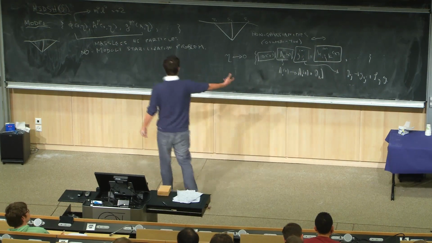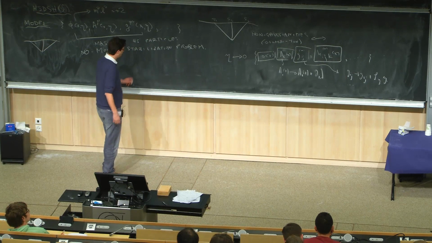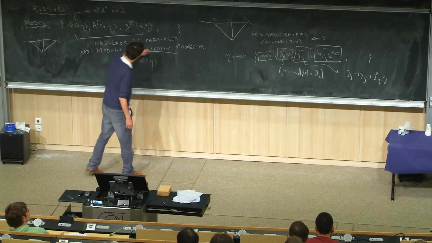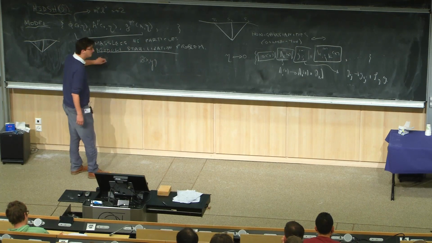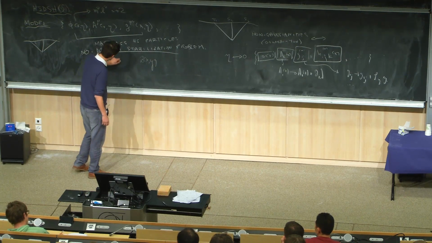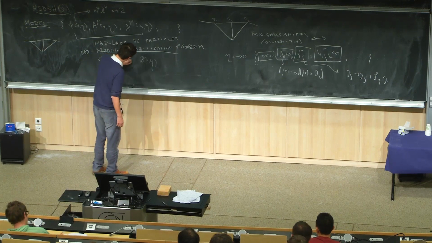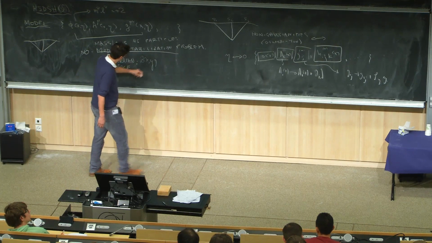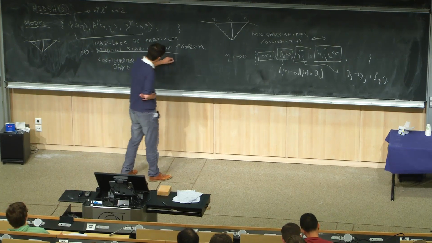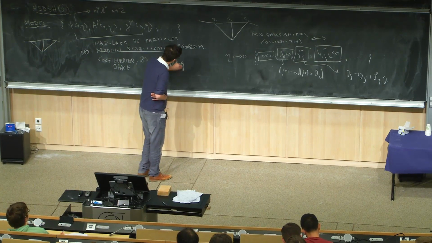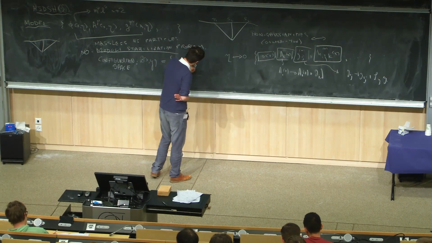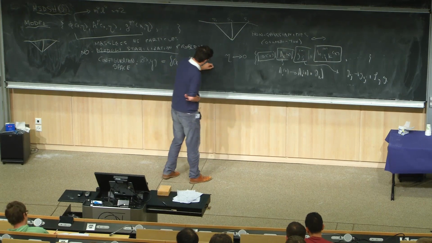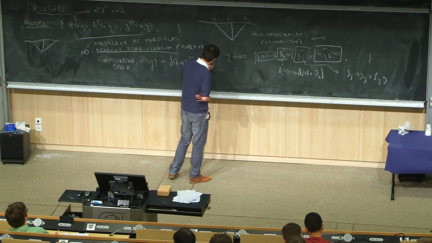And we can collect all of these particles in a clever way in terms of certain differential operators. Sorry. So let me write down the formula and then I'll explain it.